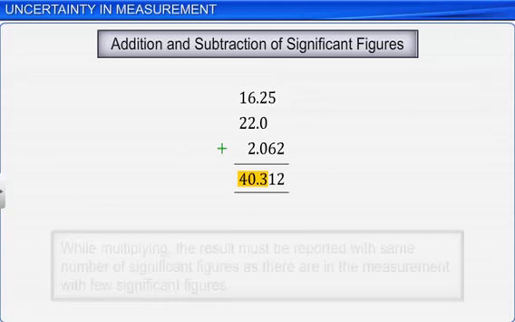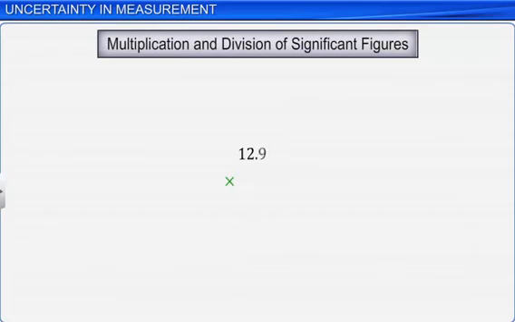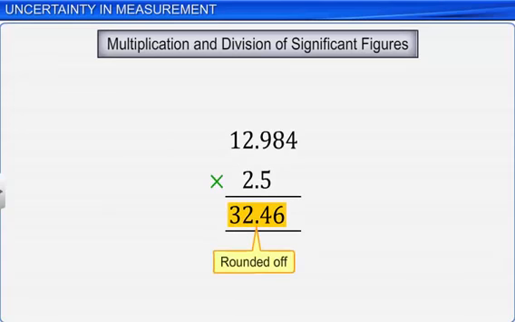While multiplying, the result must be reported with the same number of significant figures as there are in the measurement with fewest significant figures. For example, if we multiply 12.984 by 2.5, the result is 32.46, which should be rounded off to 32, as the number 2.5 has only 2 significant figures.